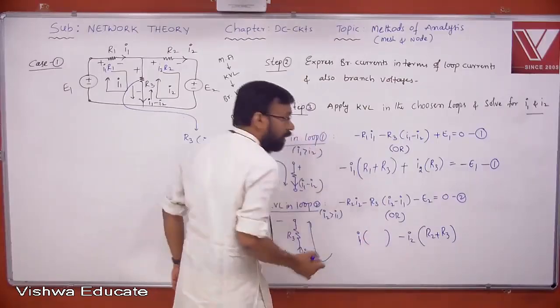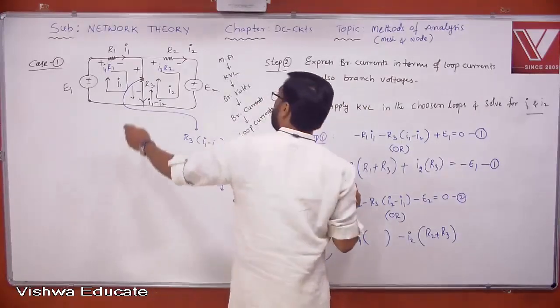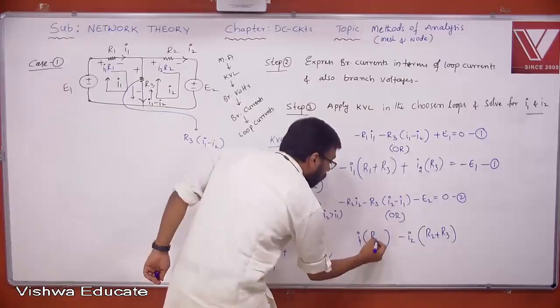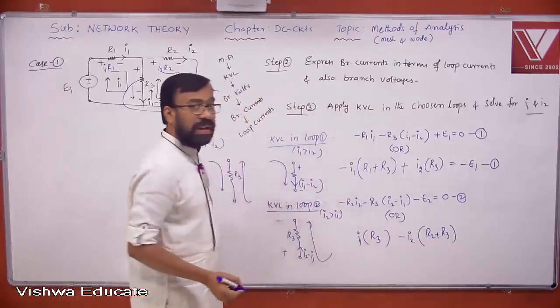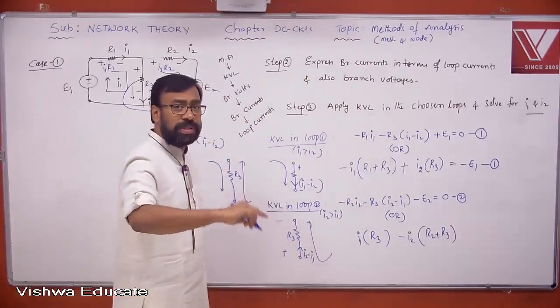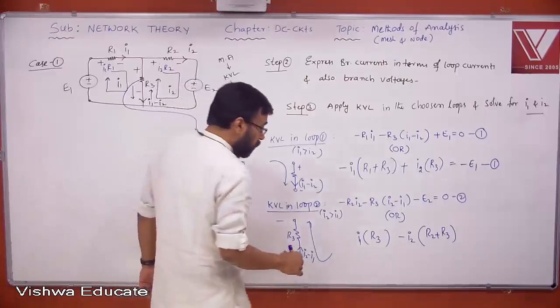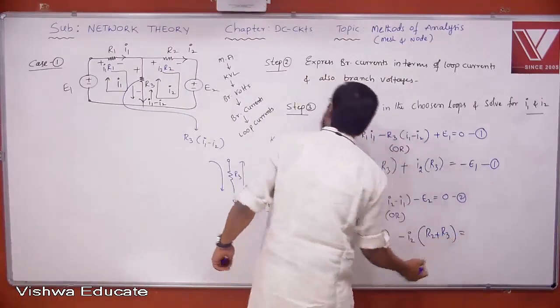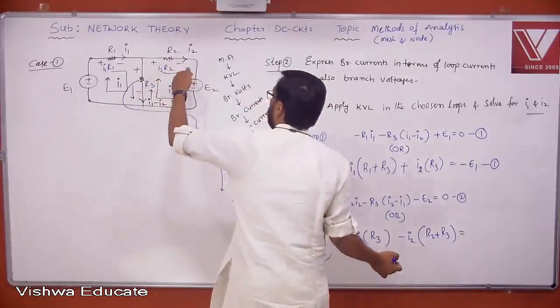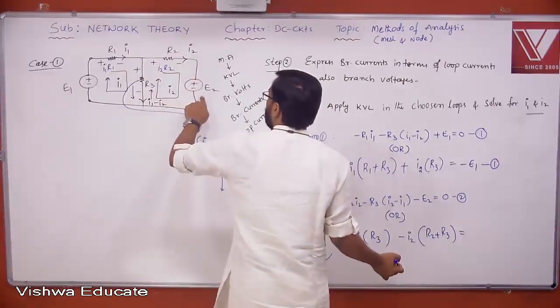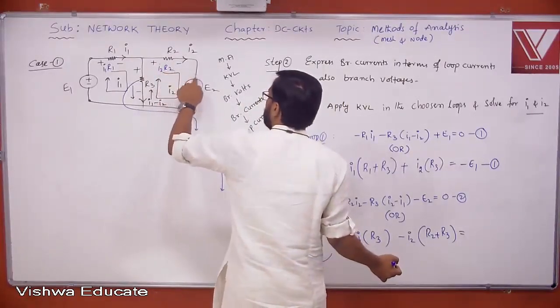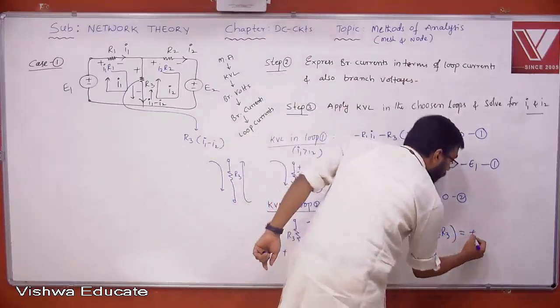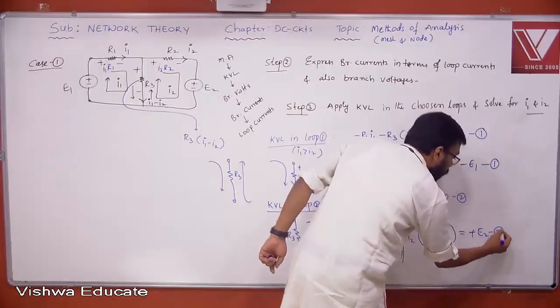The common element between the first and second loop is R3. Are the loop currents flowing in the same or opposite direction in the common element? Opposite, so plus. This equals the voltage source in the second loop. It is touching positive sign first, therefore plus E2. Second equation.